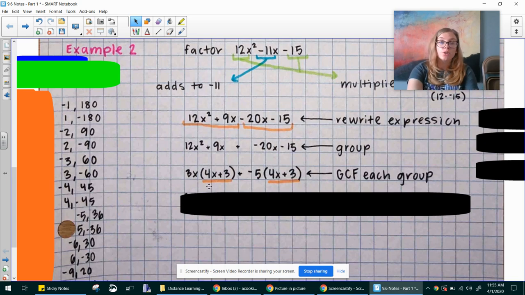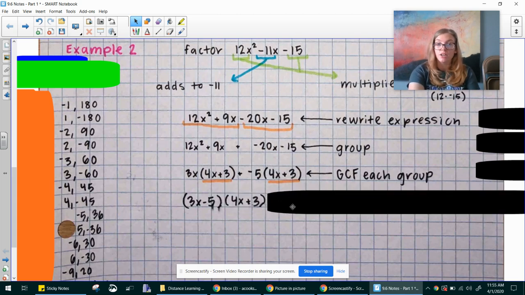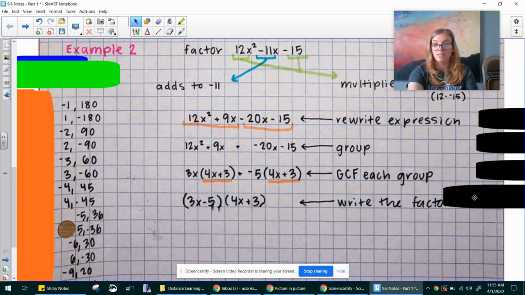Finally, we are going to combine our two terms on the outside, our two greatest common factors. That will be our first factor, 3x minus 5. Our twins are our second factor, 4x plus 3. These are our factors.